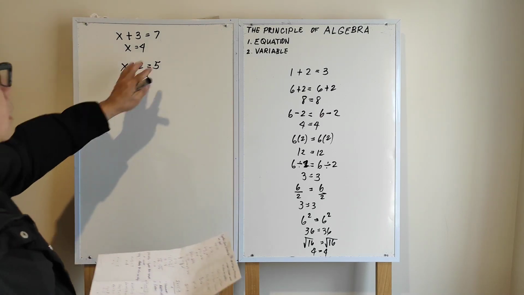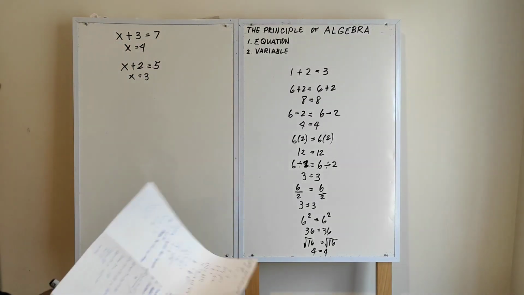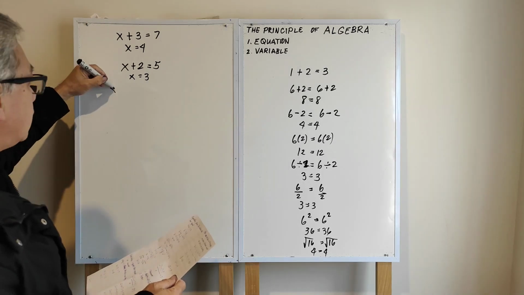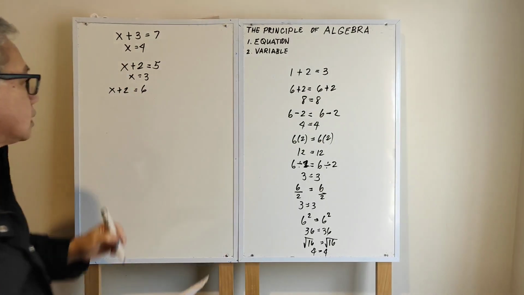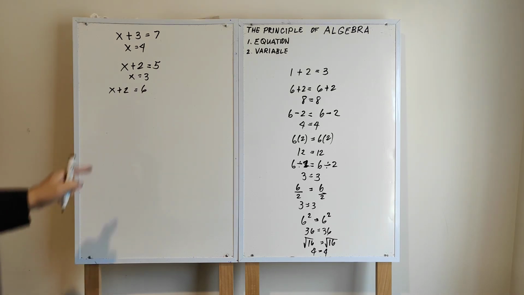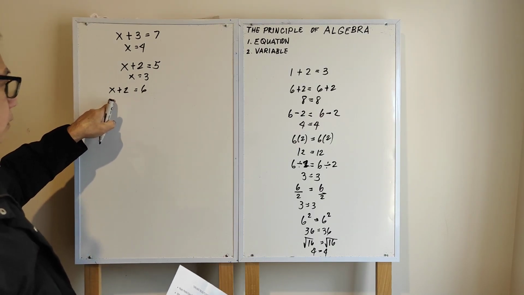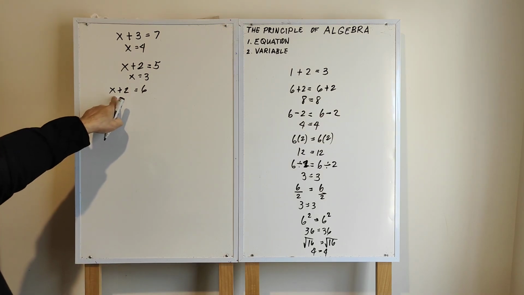Now we can use these principles to solve for variables. For example, we have x plus 2 is equal to 6. Now, you want to solve for the value of x. The best thing to do is to remove any number that is associated with your variable.